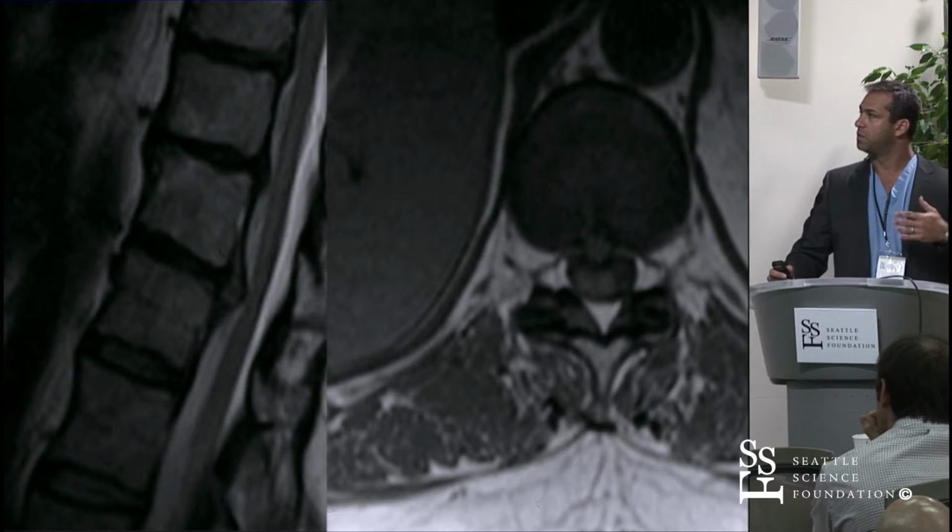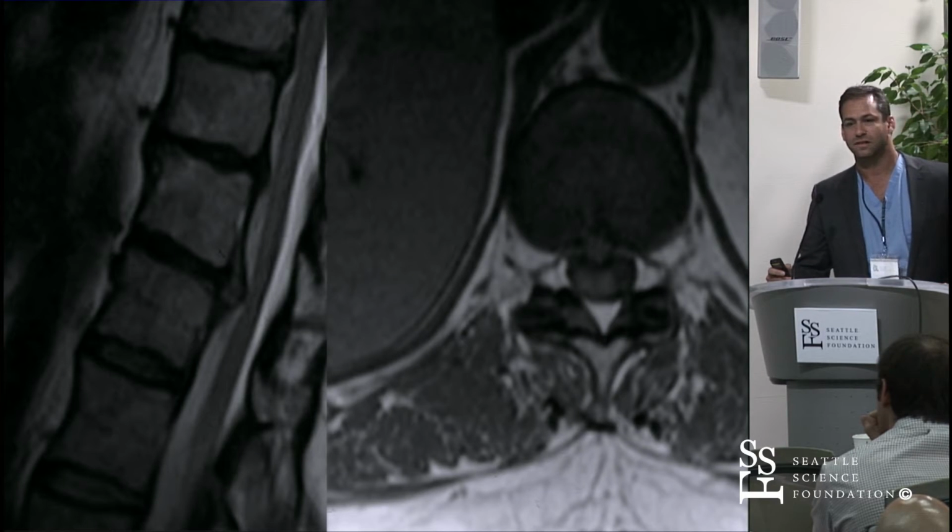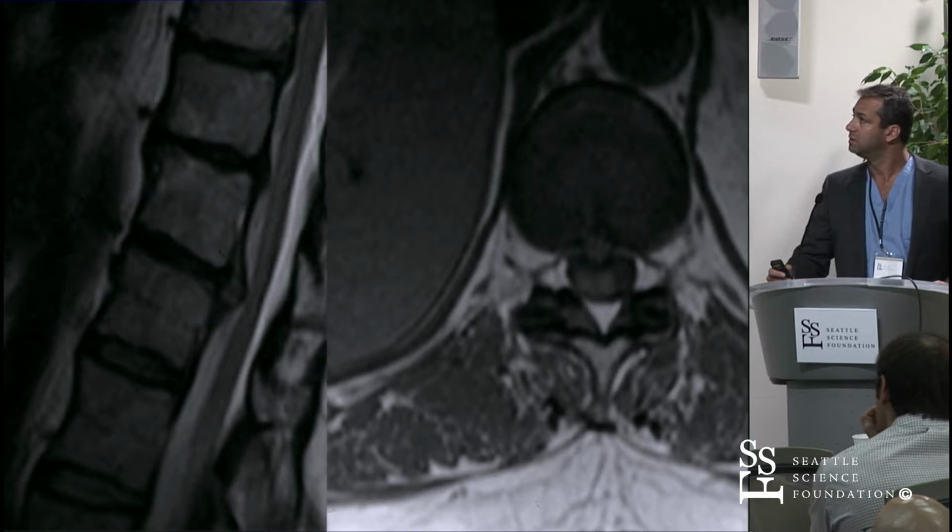Okay, but what are some of the characteristics of this disc herniation? It looks central, and there's a loss of disc hydration at that level. There aren't any Modic changes. Okay.